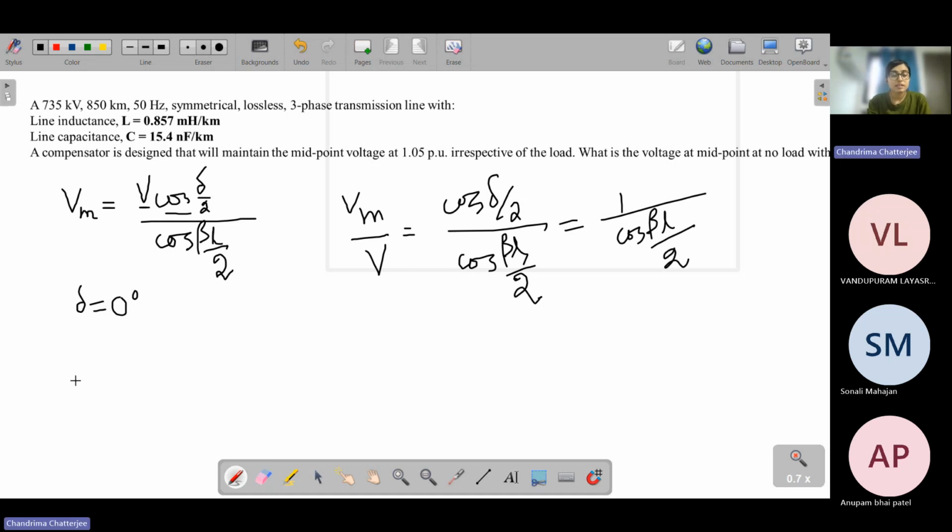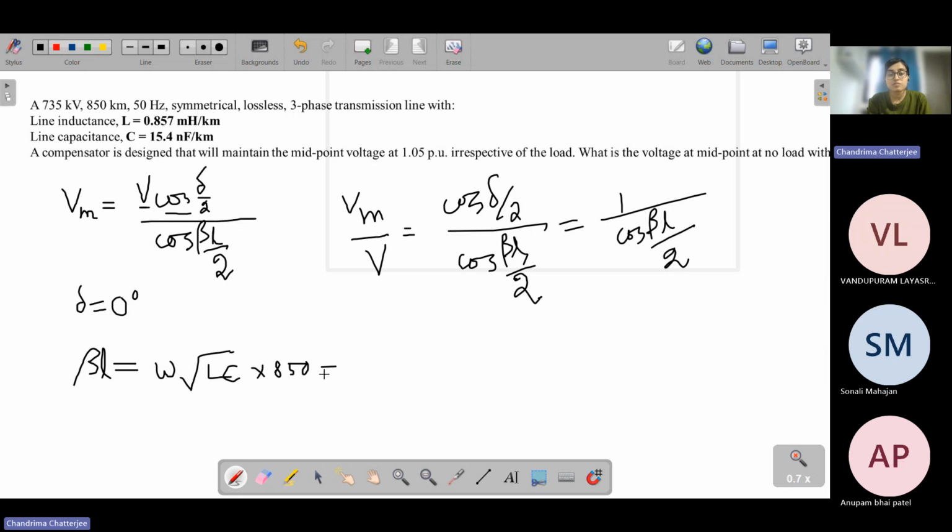Now what is beta L? We have solved this multiple times. Beta is omega root LC, and we need to multiply with the length of the transmission line, 850 kilometer.